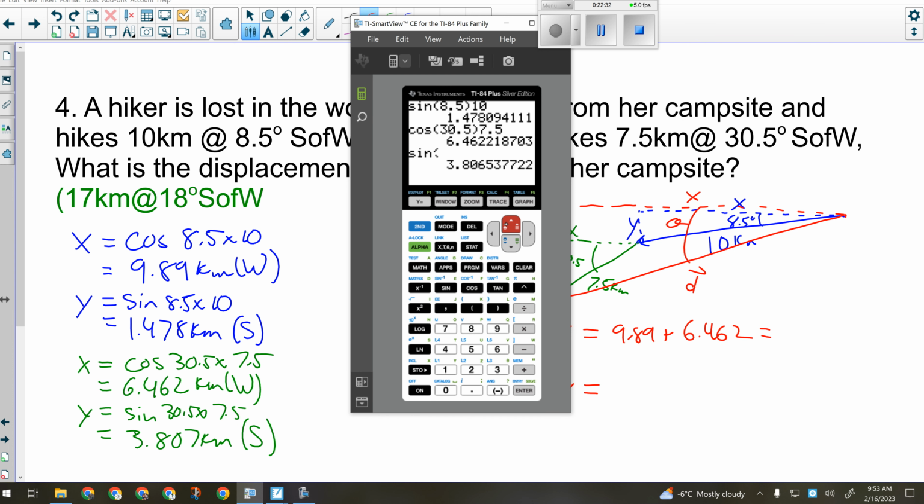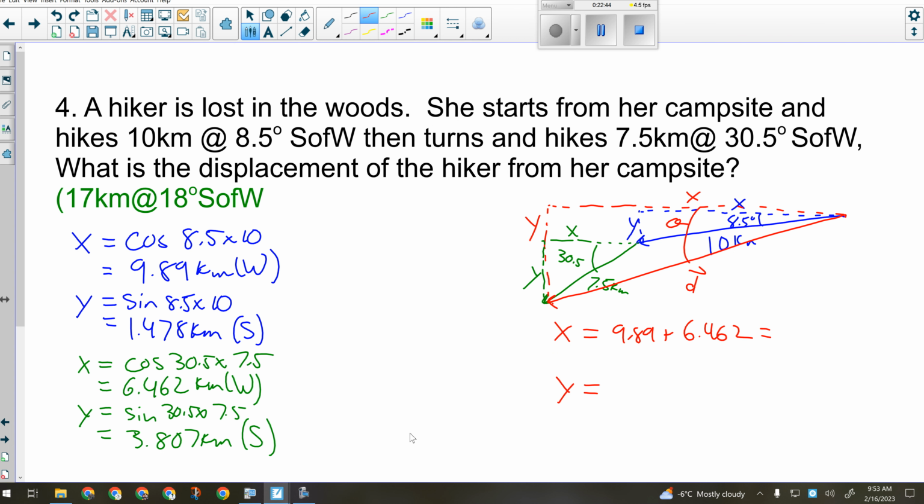So I've got to scroll up a ways. That one plus that one. Okay, so we're looking at 16.352 kilometers west. And then for our y component, I add the two y's, so that'll be 1.478 plus 3.807.